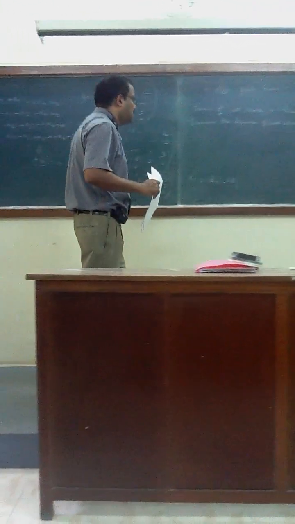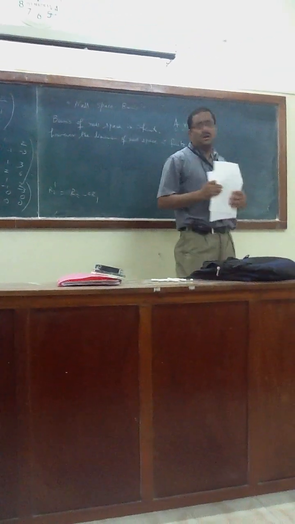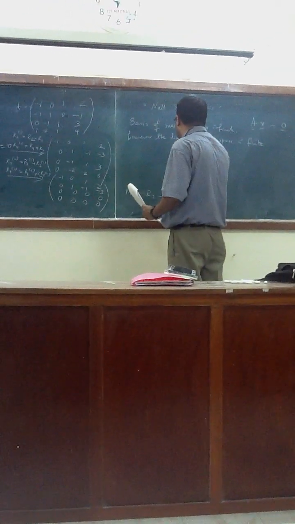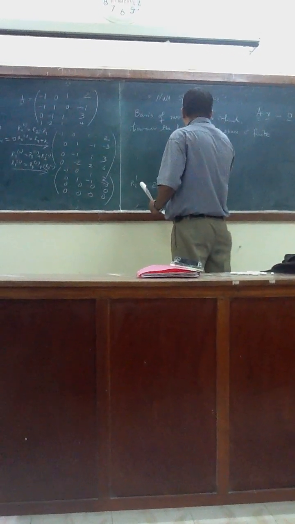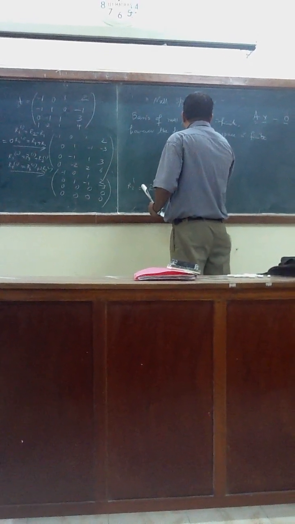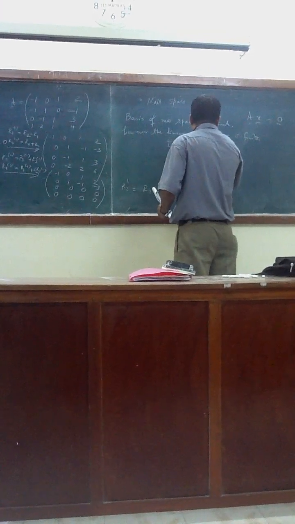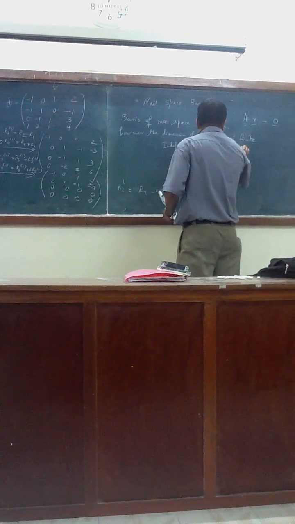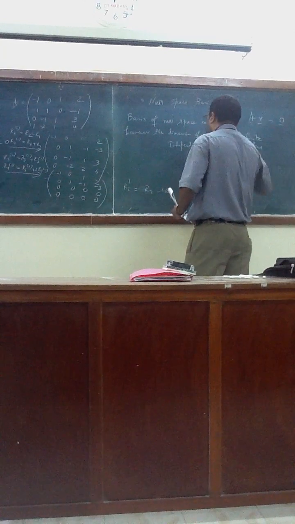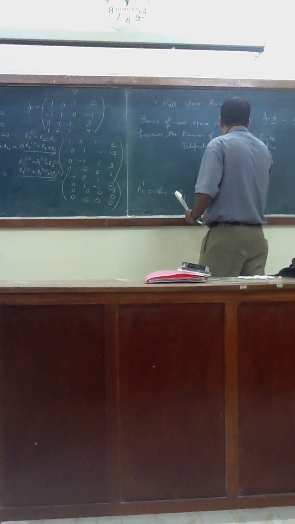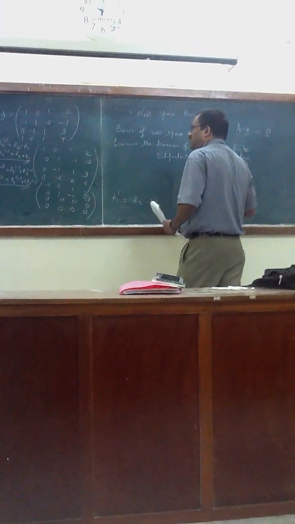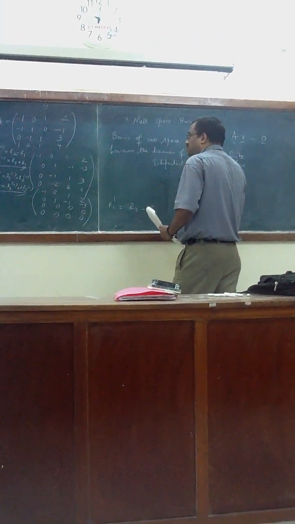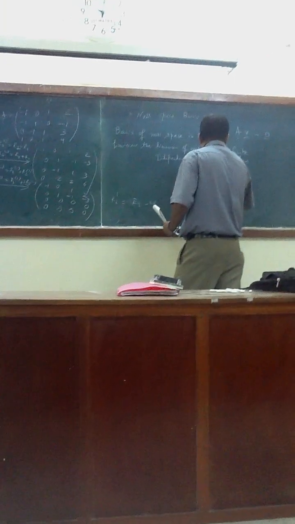So now we can see that there are two independent algebraic equations, and what are they? x1 plus x3 plus 2x4 equals 0, and minus x1 plus x2 minus x4 equals 0.